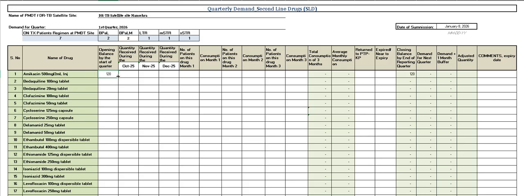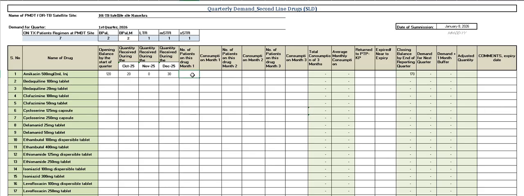You were having 120 injections, and during the previous quarter you received 20 injections in the first month, 0 in the second month, and 30 during the third month of the quarter. So your total stock will be 120 plus 20 plus 0 plus 30, it becomes 170 here.